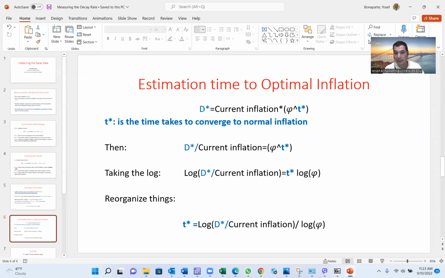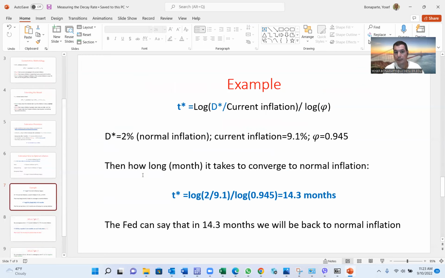D star in this case is 2% because we want an inflation of 2%. So if your goal is to have 2% inflation, given the current inflation and phi, you need to estimate T star. That will give you T star, the T months such that phi to the power T star, applied to the current inflation, will give you back 2% inflation.